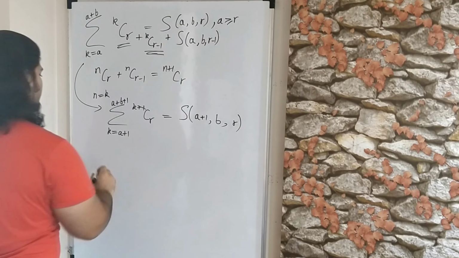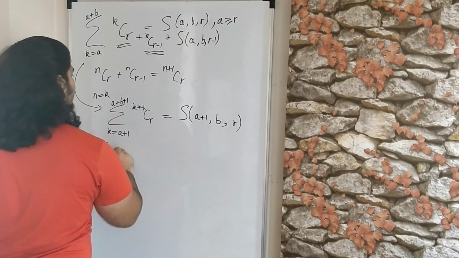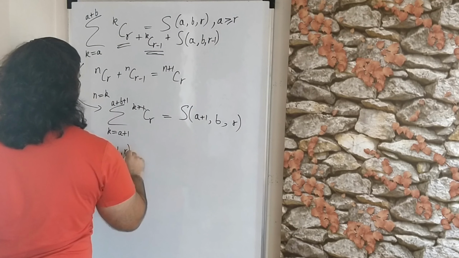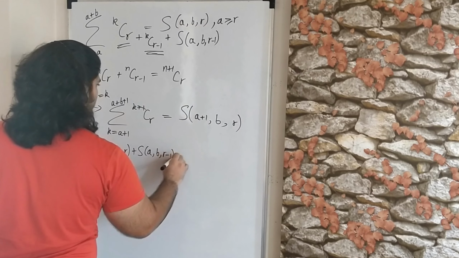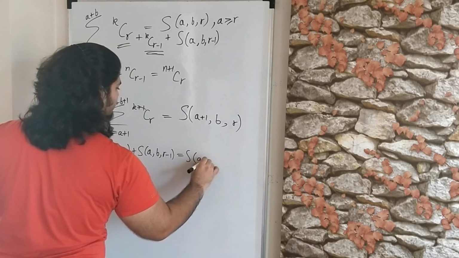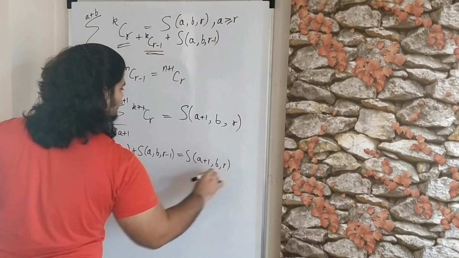So we have the relation that s of a, b, r plus s of a, b, r minus 1 is equal to s of a plus 1, b and r.